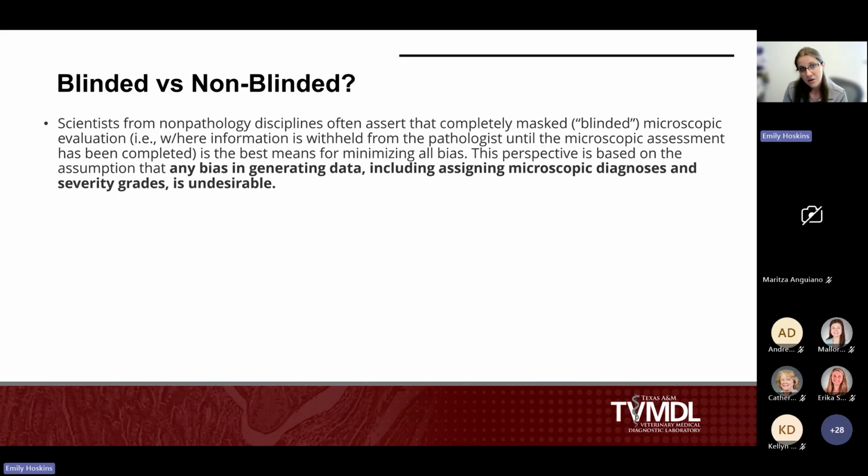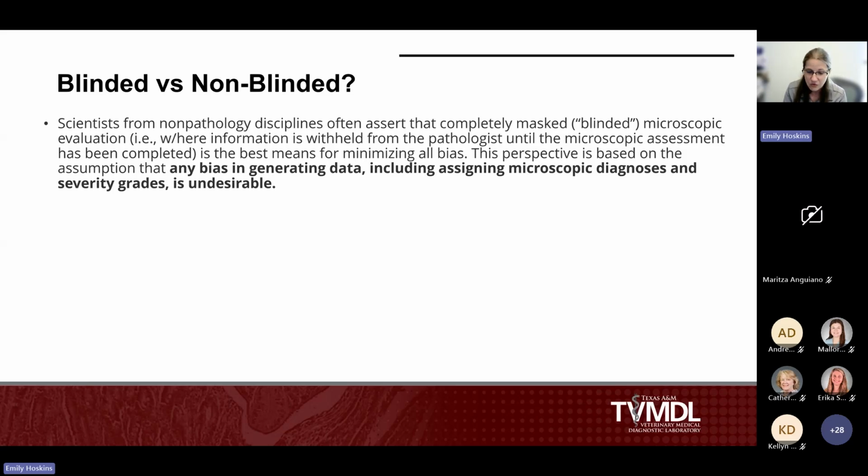And this idea is based on the assumption that any bias in generating data, including assigning microscopic diagnoses and severity grades, is undesirable. And what's really interesting about that argument is that in essence, it is us drawing on our experiences and essentially our biases that allow us to look and determine whether this is a normal or abnormal tissue.